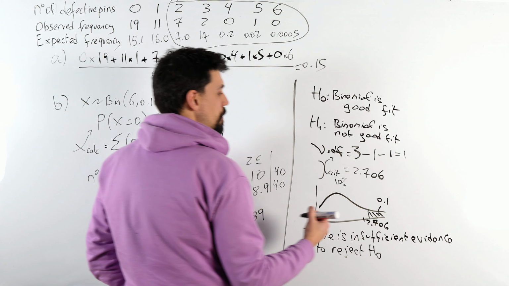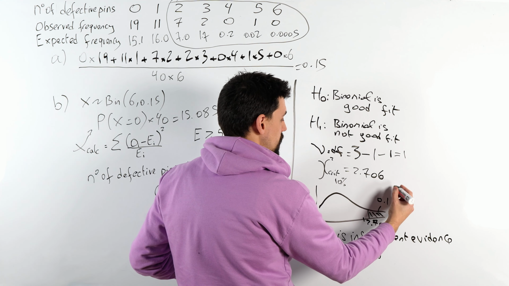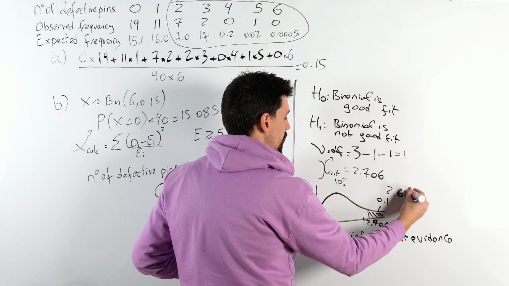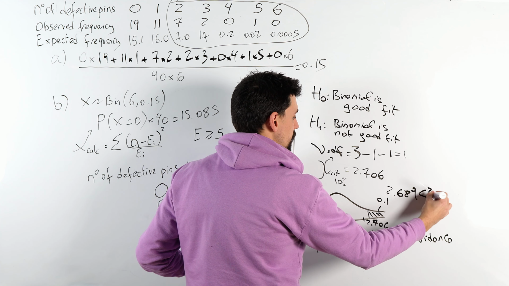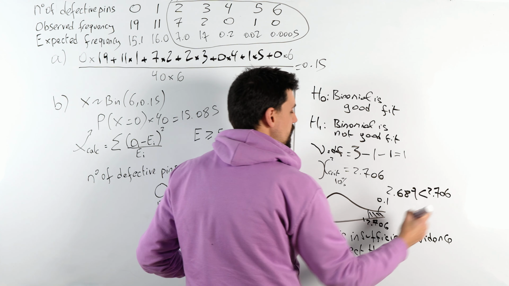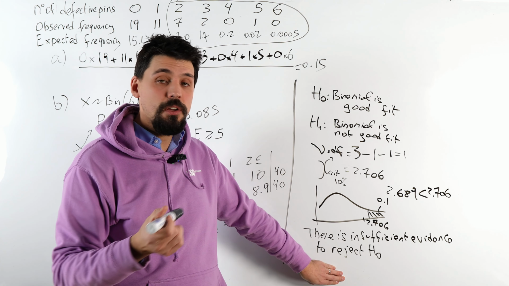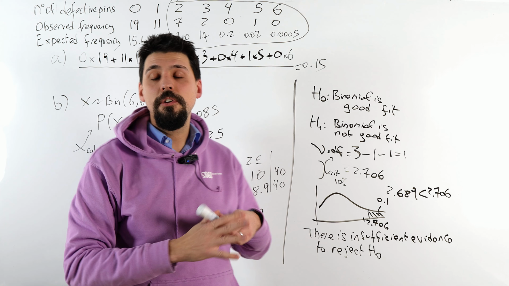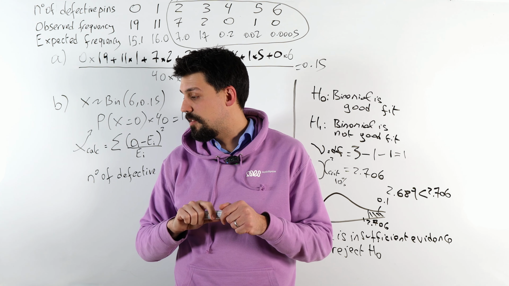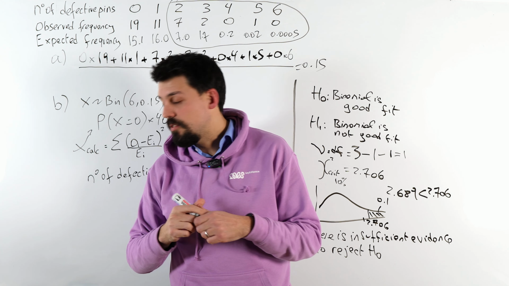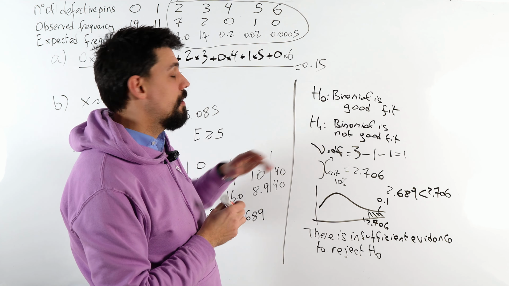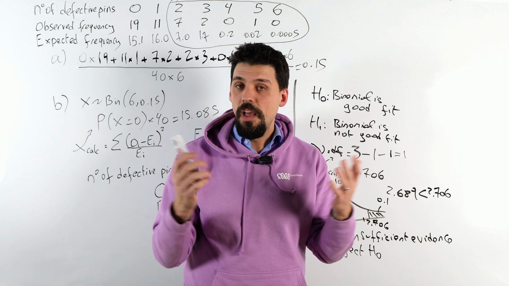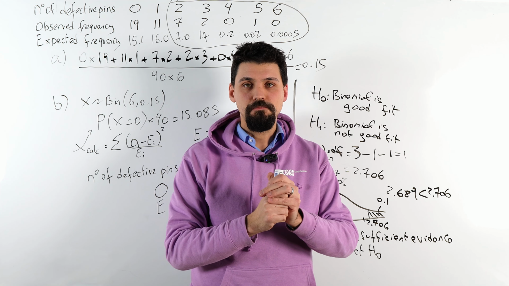All right. I probably need to write down here somewhere that 2.689 is less than 2.706. And we put in a nice conclusion within context. We conclude that this suggests that the number of defective pins does follow a binomial distribution. And there we go. Not too bad.